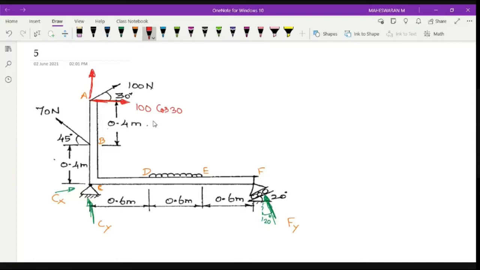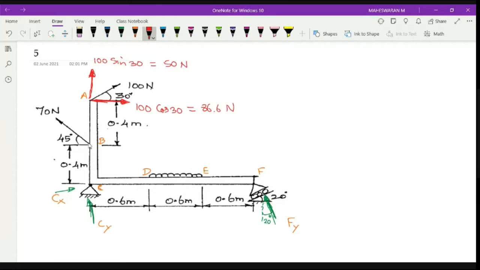So 100 cos 30 is around 86.6 Newton. And this one is 100 sin 30, which is nothing but 50.